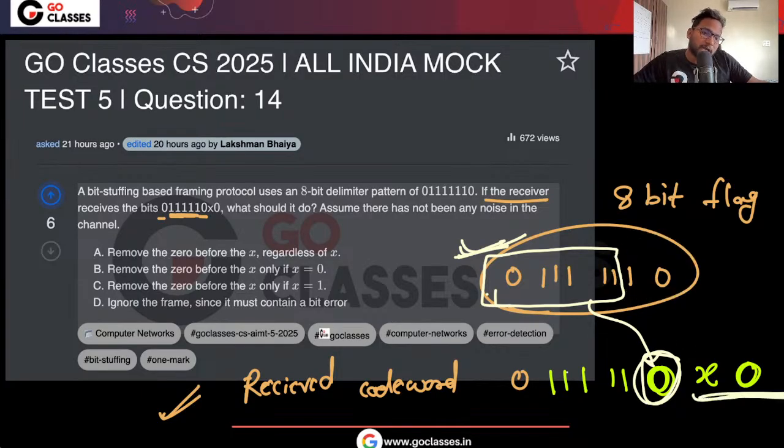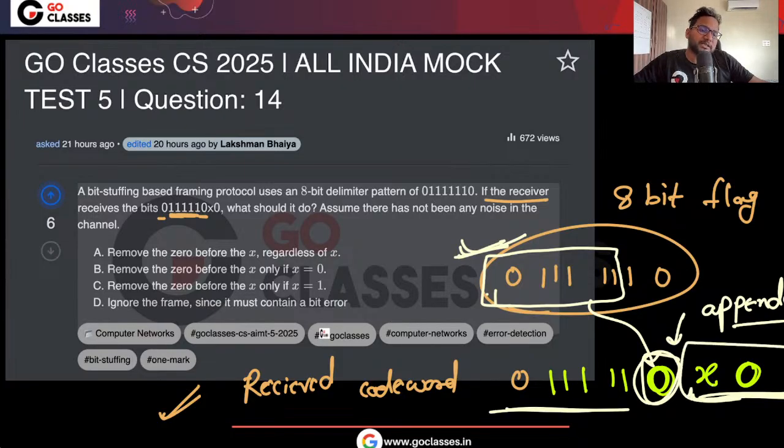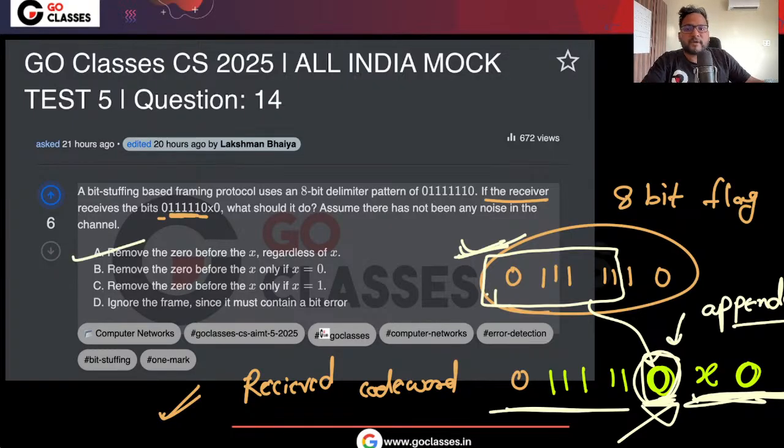The rule is that if you have 0 and then 5 ones, then this is appended, irrespective of the future bits. So this 0 will be removed irrespective of the future bits. Basically, remove the 0 before x regardless of x. Is this fine? So we will be removing the 0, regardless of the x.